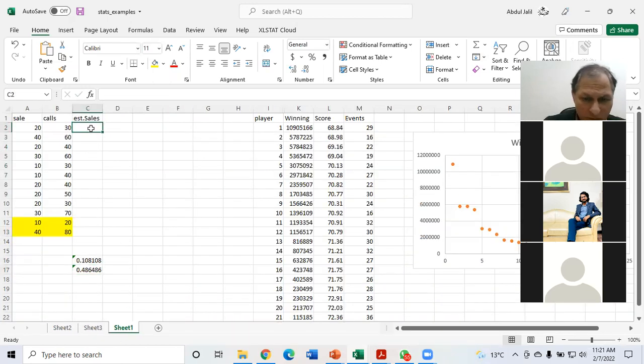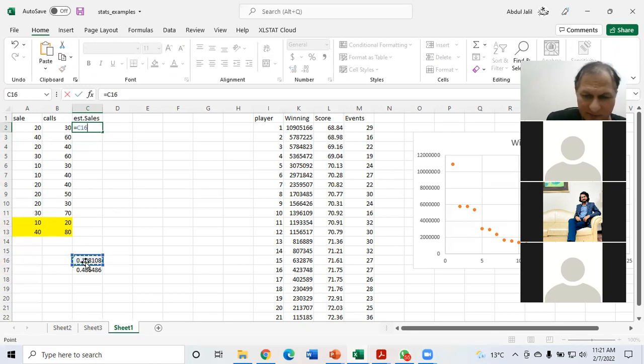So you can use now this equal. Now you have intercept plus slope value multiplied by this value, because you have to calculate sales on the basis of calls. So this is the variable you have to incorporate, and then you will get how much sale is going to happen, right?